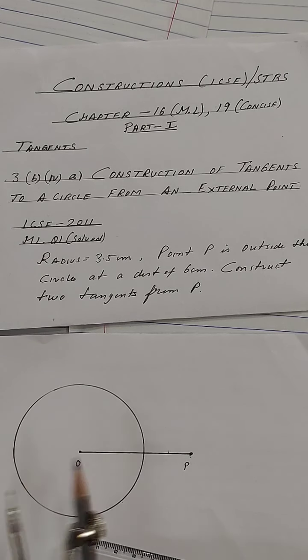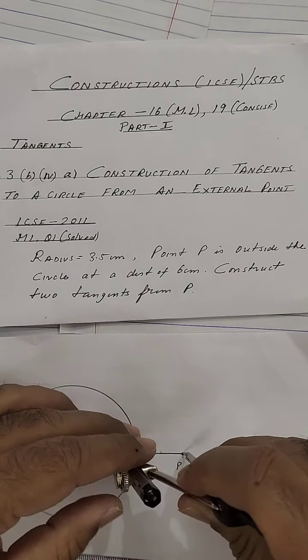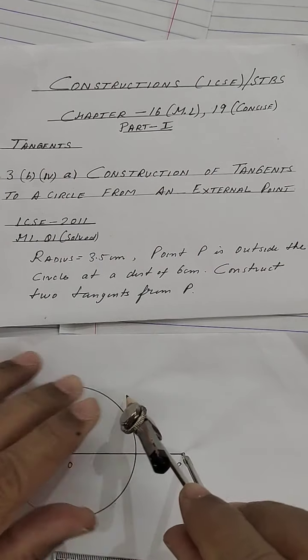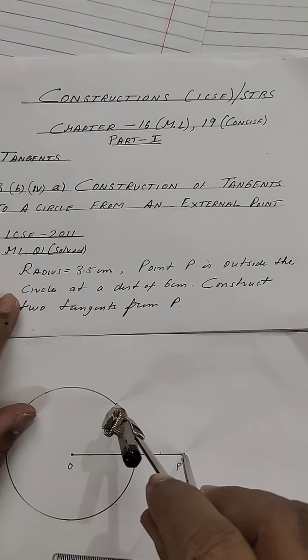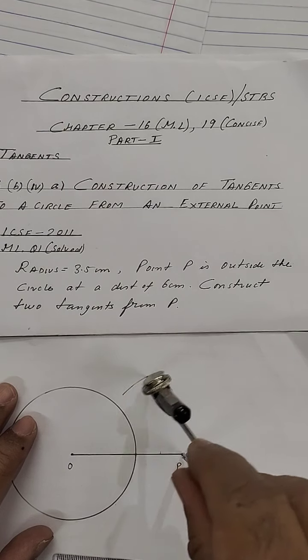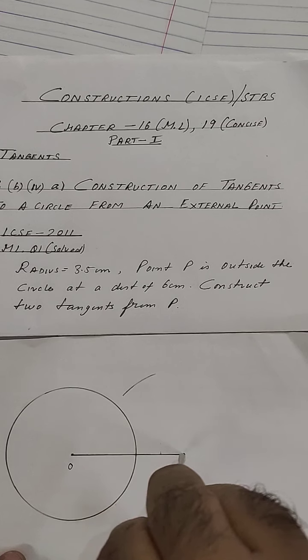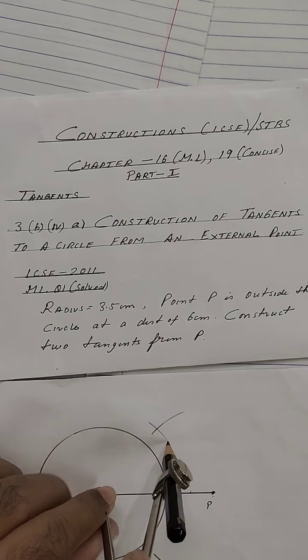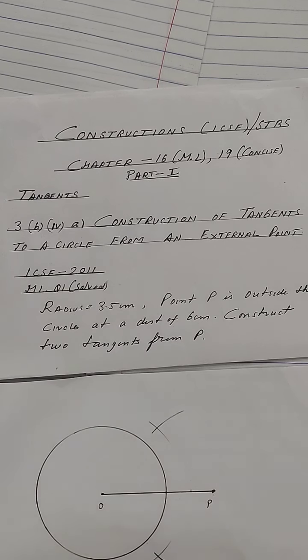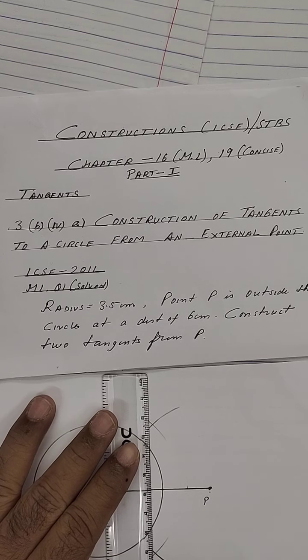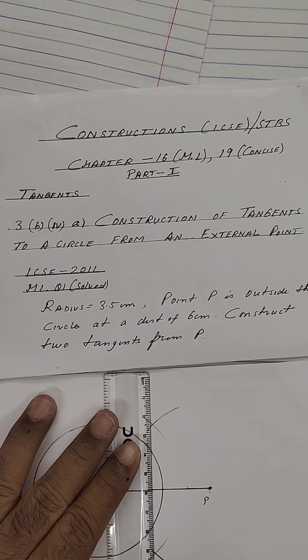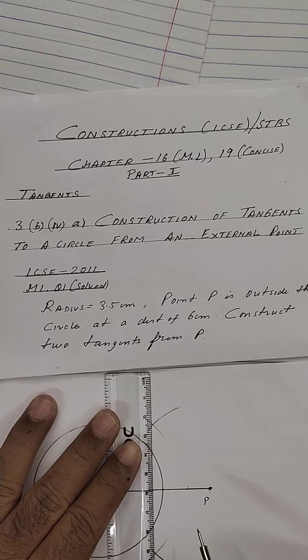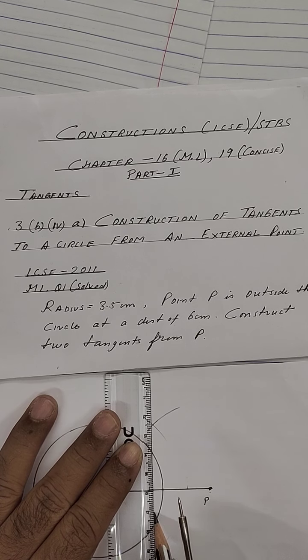After that, when we want two tangents from P, we take, children, a little more than half, because we are going to draw the perpendicular bisector here. Take more than half, as you know from your earlier classes, and join them with dotted lines.